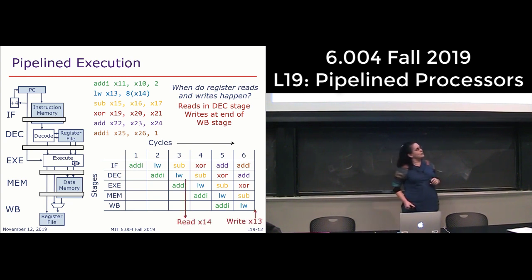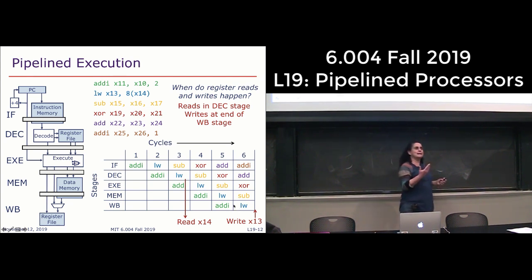So if I take a look at the load, for example, I see that I'm reading the register for the load in the decode stage, just like I did before. But then I pass the address to the memory that I want to fetch at the beginning of cycle 5, and instead of getting my data back within cycle 5, I only get it back in cycle 6.